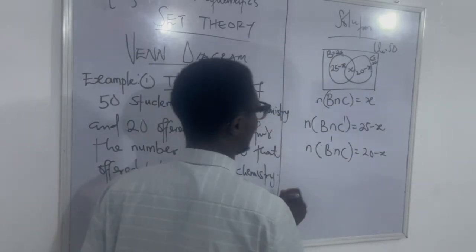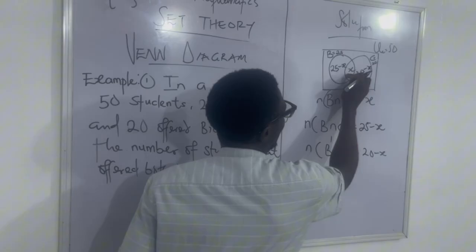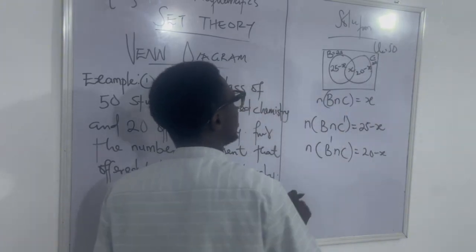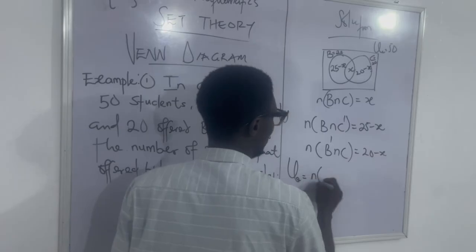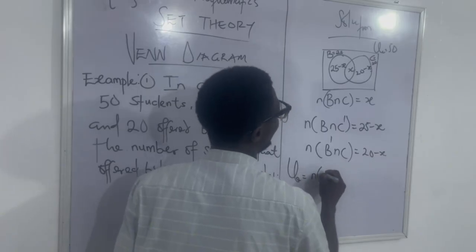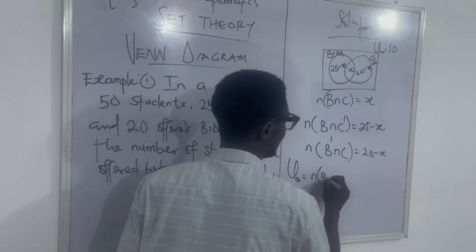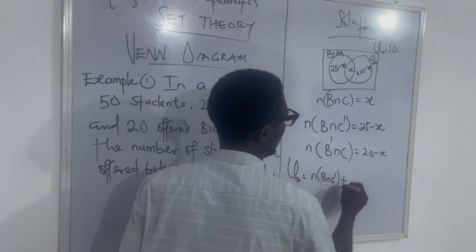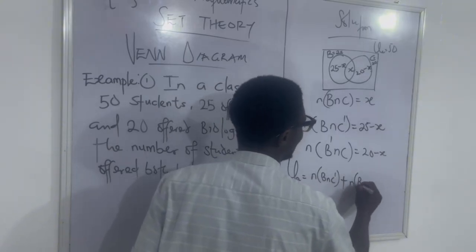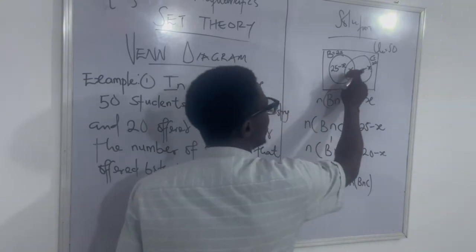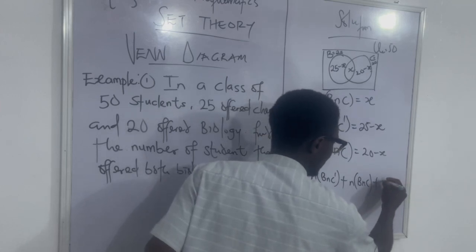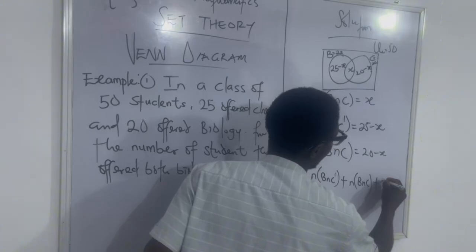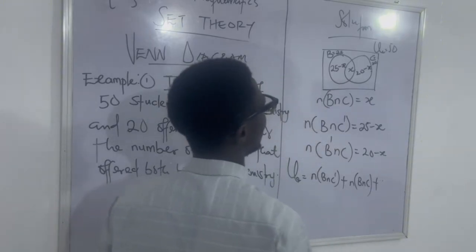Now, if that is the case, if we sum up these three, it will be equals to the universal set. So universal set equals to number of people that took biology only plus number of people that took biology and chemistry plus number of people, are we together?